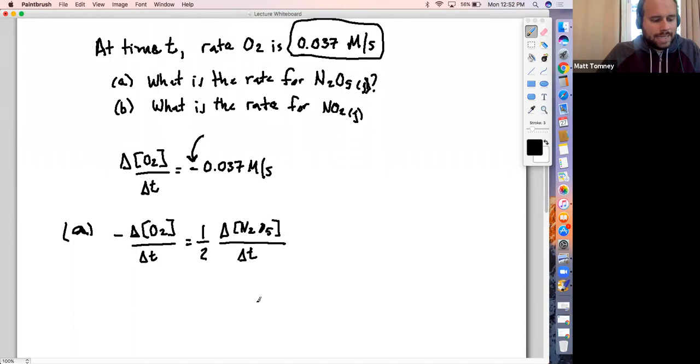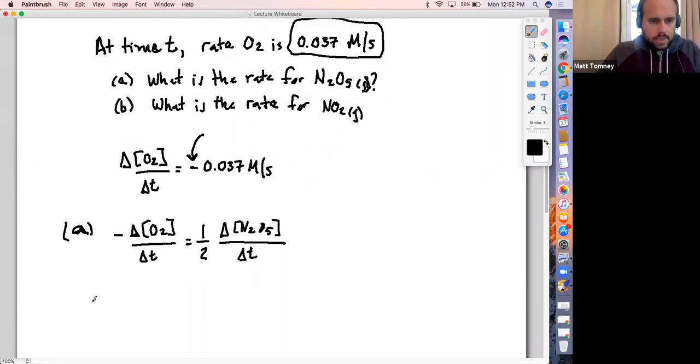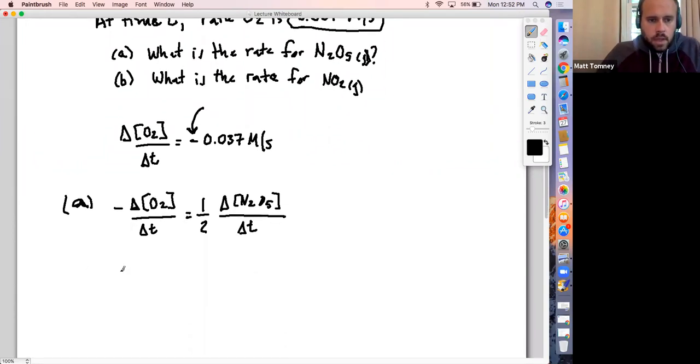All right, so by setting this equal, here's what I can say. Now try to follow along. Because this negative here is in relation to the products to reactants relationship, it's going to be set equal to a negative 0.037, right?